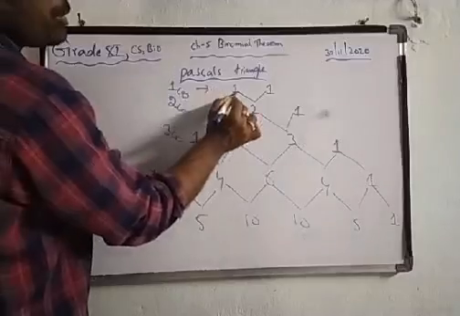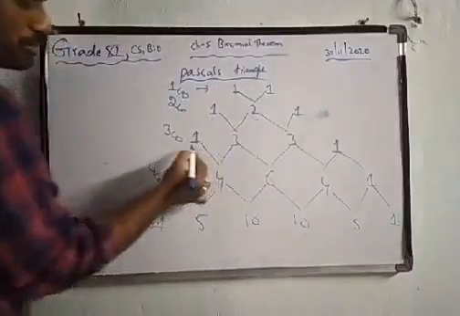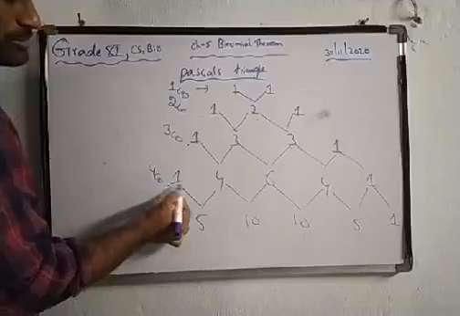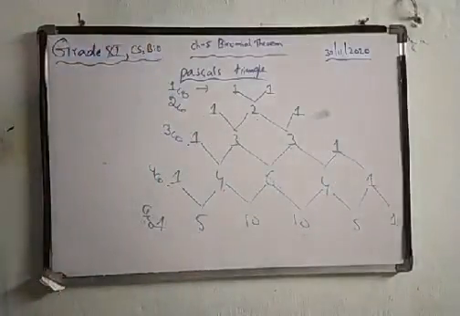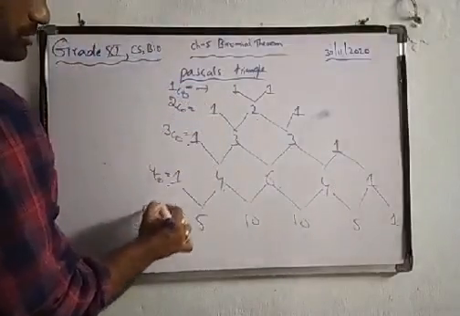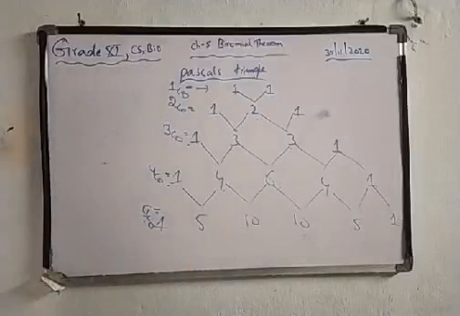So this is 1C0, 1C1, 2C0, 2C1, 2C2, 3C0, 3C1, 3C2, 3C3, 4C0, 4C1, 4C2, 4C3, 4C4. So like that, this is the starting series. If you remember these Pascal's triangle coefficients, it will be very easy for us to do the calculations.